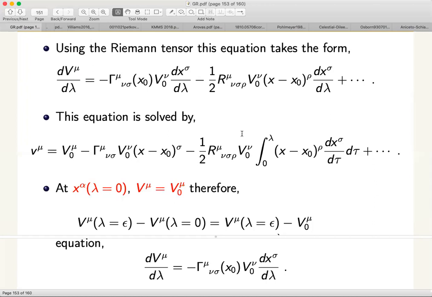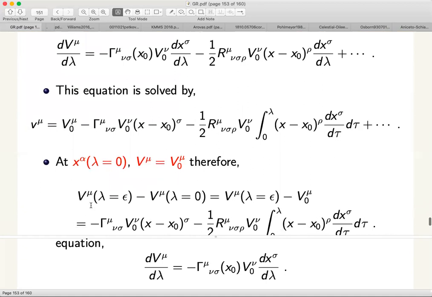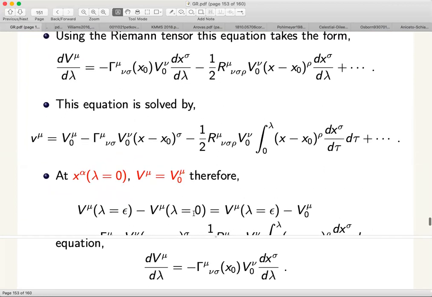Fine. So now we can use this solution and put it back in the equation that we had, namely V mu at lambda equals epsilon minus V mu at lambda equals 0. Remember, both the vectors are defined at the same point, because lambda equals epsilon was the same as lambda equals 0, since epsilon was the circumference of that closed loop. V mu of lambda equals 0 we know: that is just V0 mu.